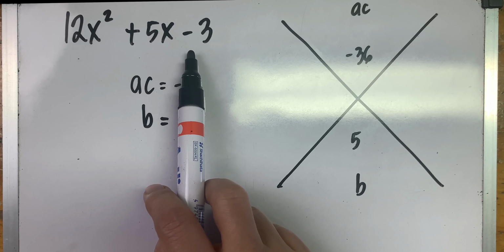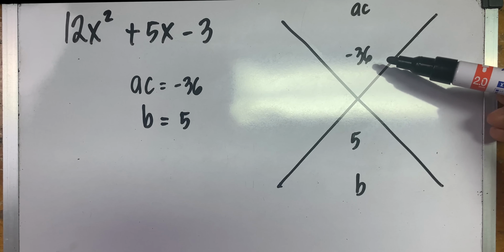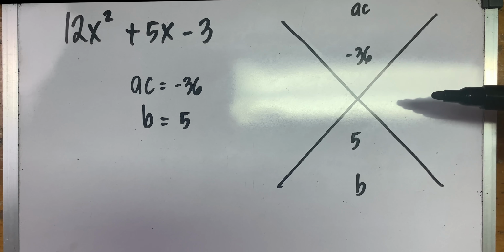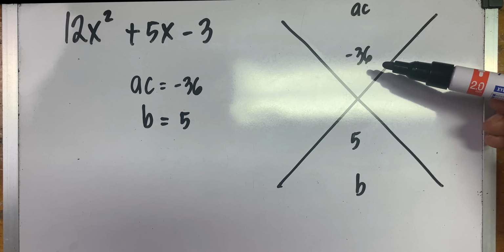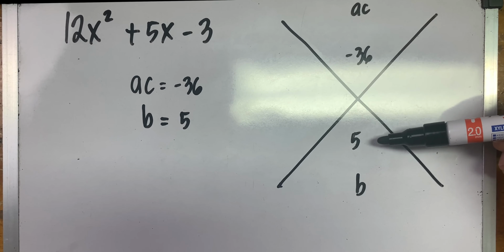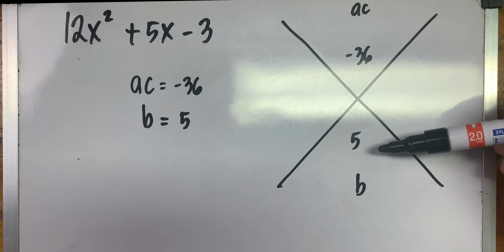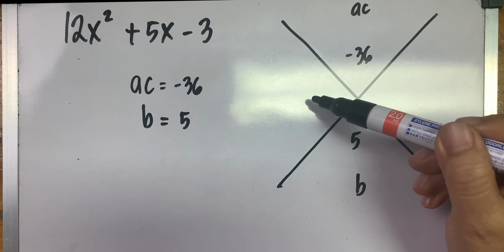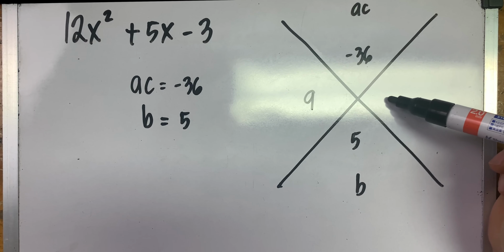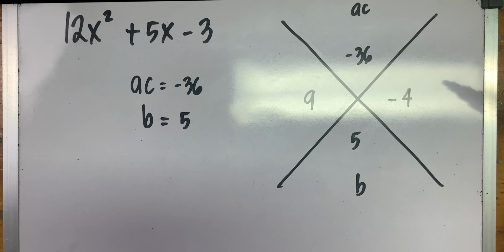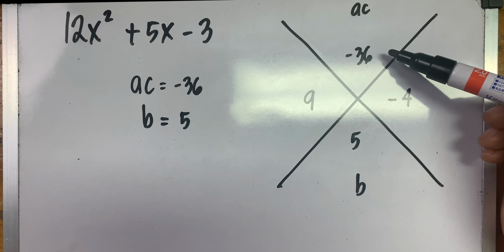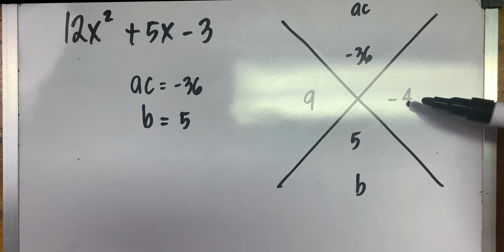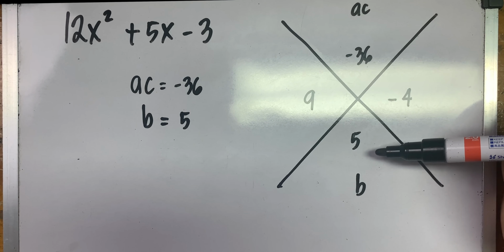So therefore, the two numbers that we're looking for will be a negative and a positive number. Let's look for the factors of negative 36 that will lead us to a sum of positive 5. So that will be 9 and negative 4. Okay, 9 times negative 4 is negative 36, and 9 plus negative 4 gives us a positive 5.